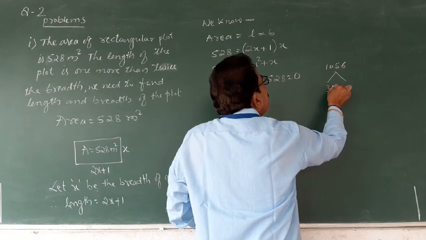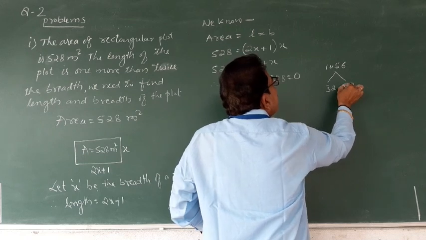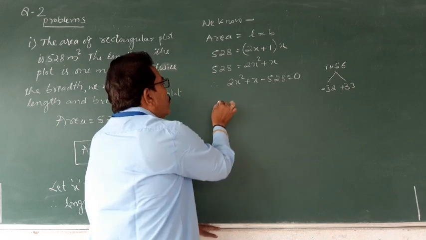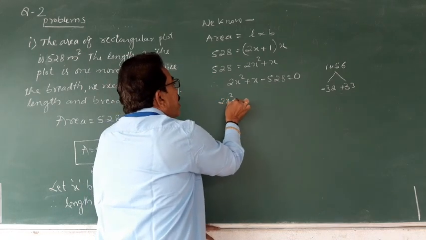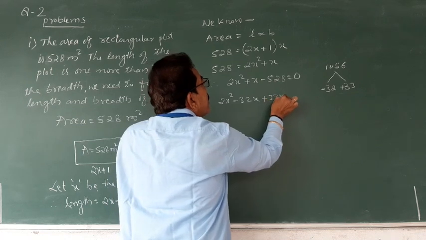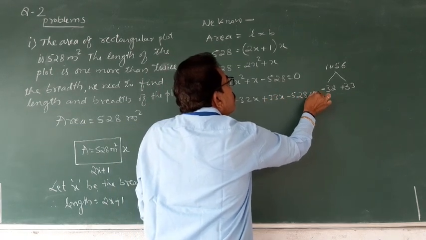So 32 into 33, that is plus 33, minus 32. Okay, 2x square minus 32x plus 33x minus 528 equals 0.